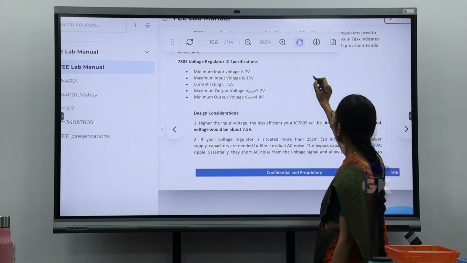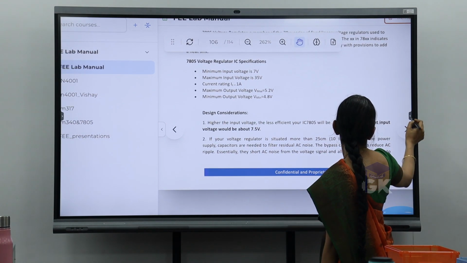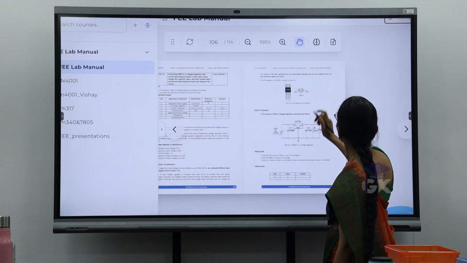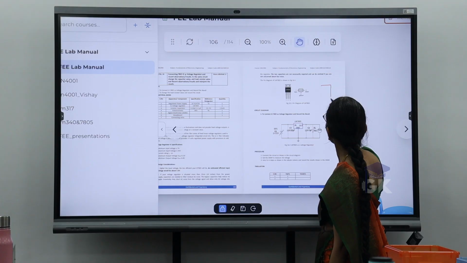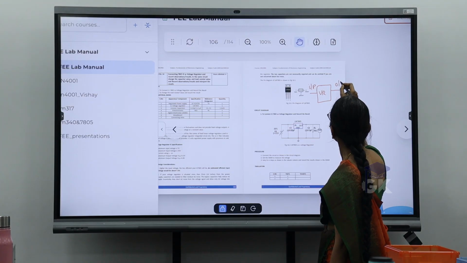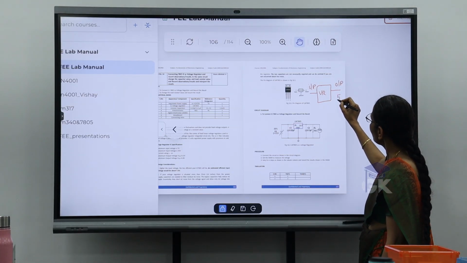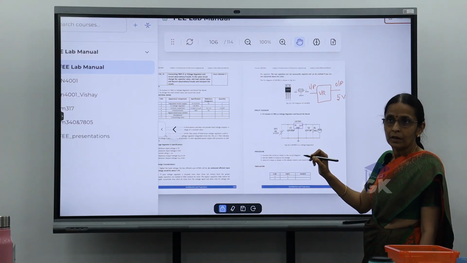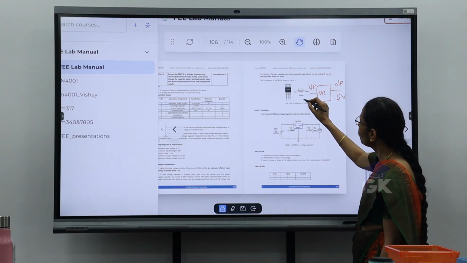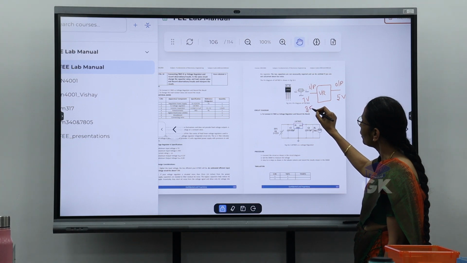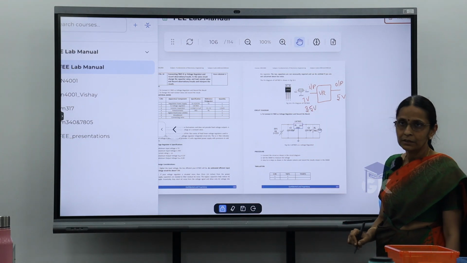So I have my regulator. I give an input, I get some output. The output is all the time say 5 volt. Now what is the minimum value of input that I can give? 7, and the maximum according to the data sheet is 35.